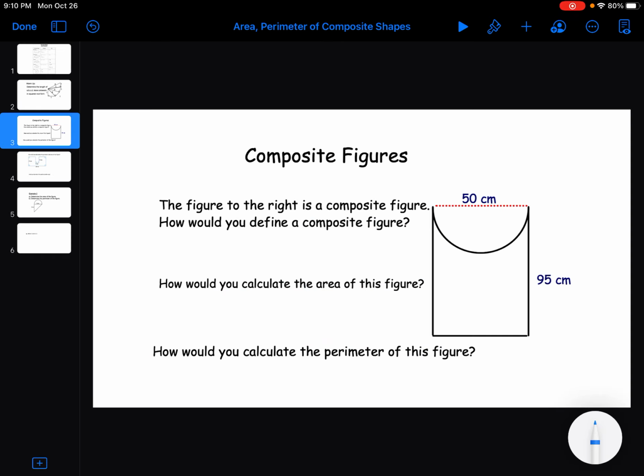Okay, so looking at composite shapes. The figure to the right is a composite figure. So how would you define a composite figure? Well, a composite figure is 2 or more shapes added or subtracted with each other.